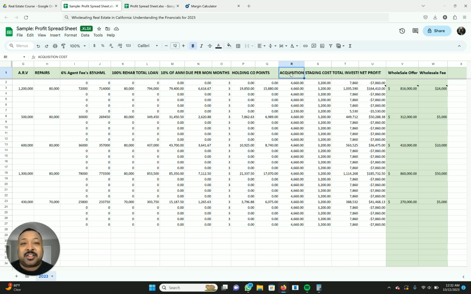Now, there's some people that just use a percentage for closing costs, and I like to use precision. So in this spreadsheet, we're going to have precision. Usually, when I acquire a property in this price range, I have about $4,660 in closing costs, which we can also call acquisition fees.